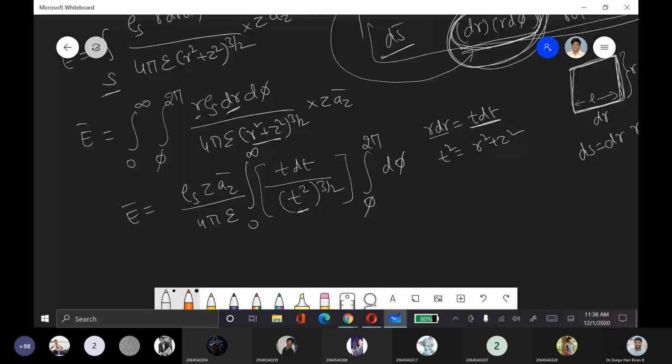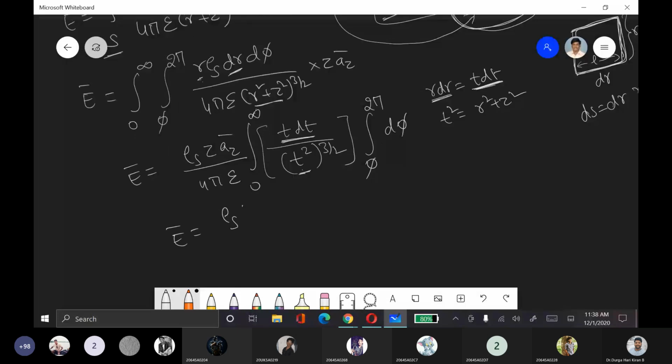So what happens here is E bar is equal to rho s z az bar by 4 pi epsilon, integral 0 to infinity t dt by t cubed, that is 1 by t square. t appears in both, so these cancel. Then the integral of d phi, I can expand from 0 to 2 pi. This is what I can write.